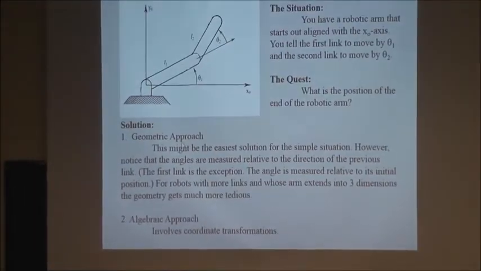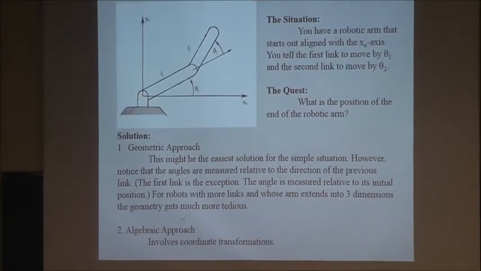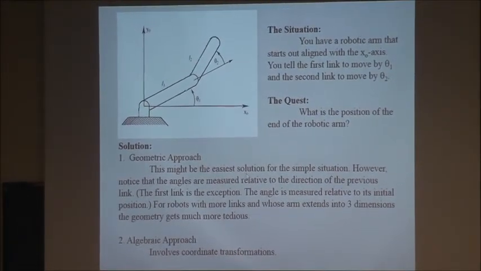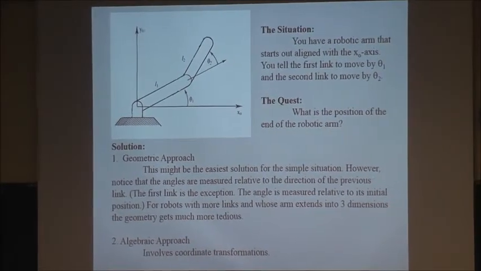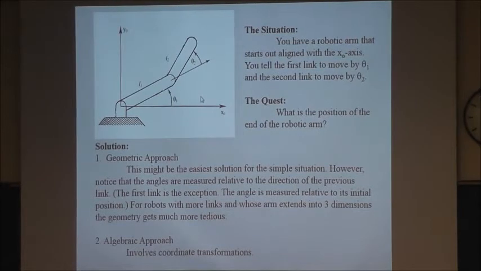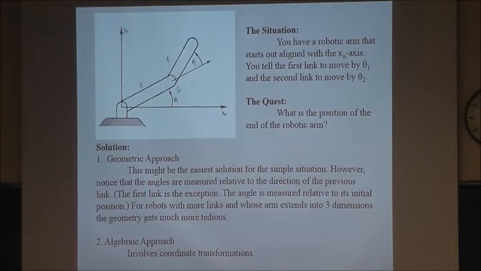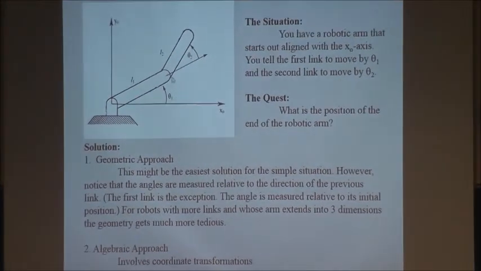There are two different solutions you could have, geometric and algebraic. This is probably the easier solution, very simple, because you're dealing with two triangles, okay? And then if you look at this, the x component of this is going to be this L1 times cosine of theta 1 added L2 times cosine of this angle.